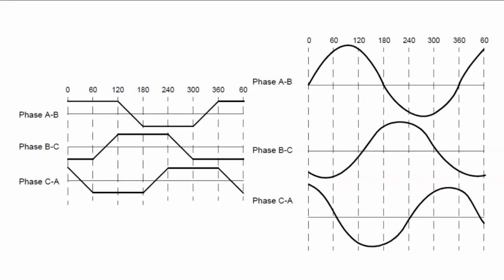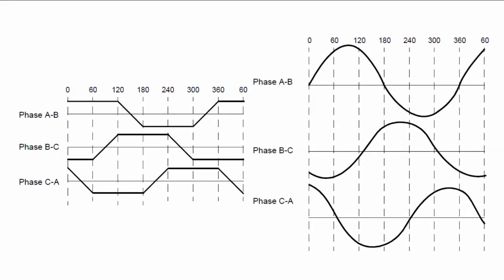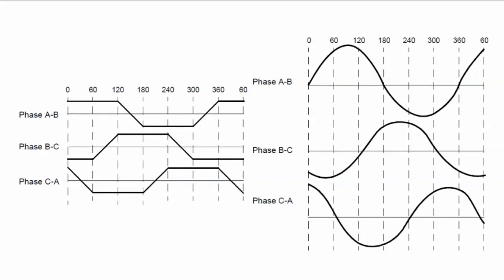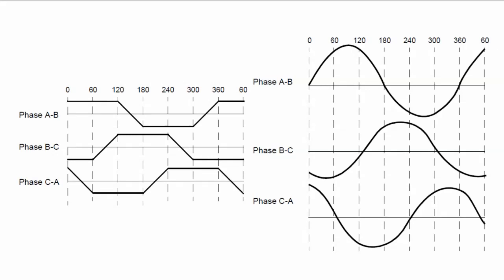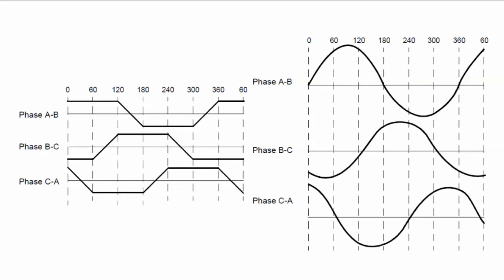This is called asynchronous or induction, you remember. This is caused by slip. In the BLDC or synchronous machine, we have no slip. In a brushless DC motor, we can say the magnetic field frequency and the mechanical speed frequency are the same.